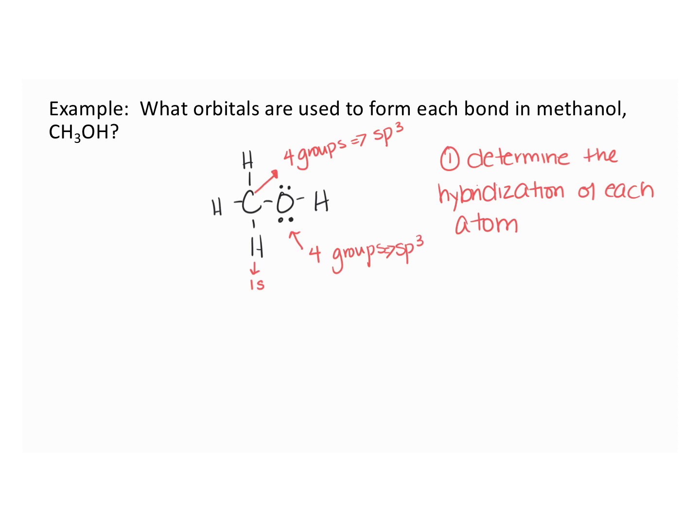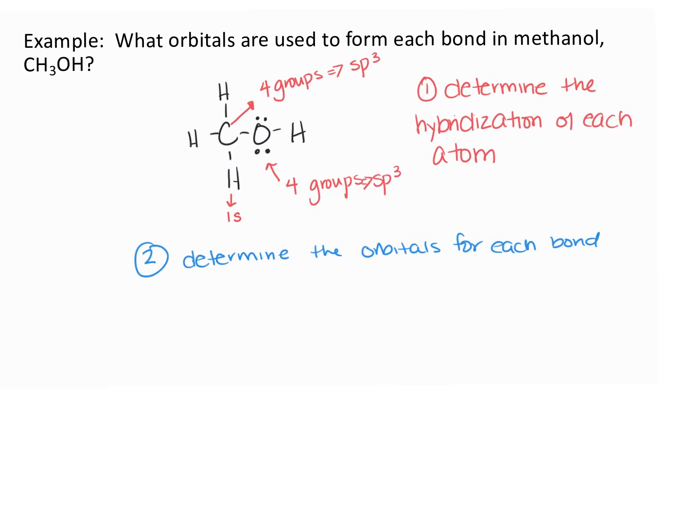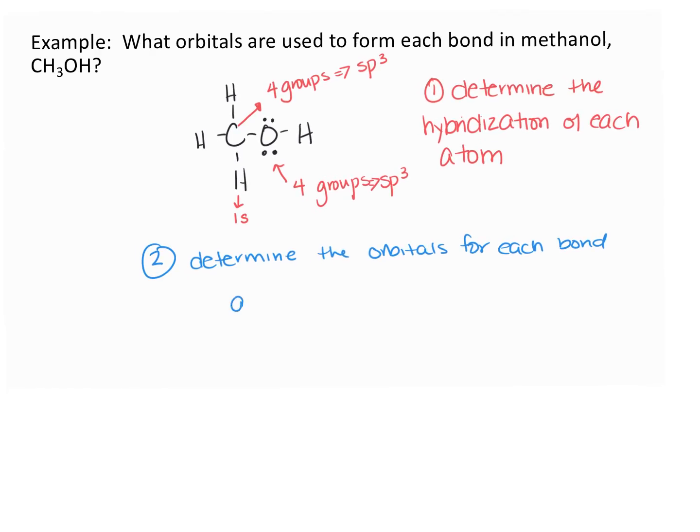So now, step 2 is we need to determine the orbitals that make up each bond. All the carbon-hydrogen bonds are going to be the same.